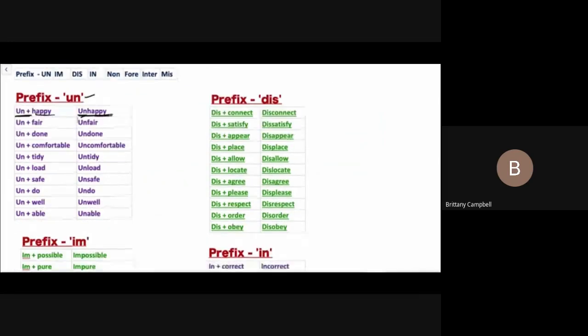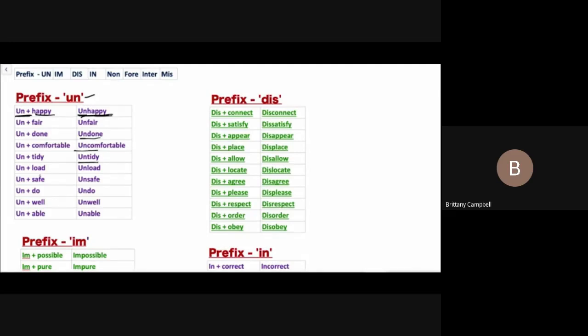So let's begin with prefix un. Here, happy is a word and un is added to the beginning of the word happy. So it has become the word now unhappy. Fair, un plus fair is unfair. Done, undone. Comfortable, uncomfortable.